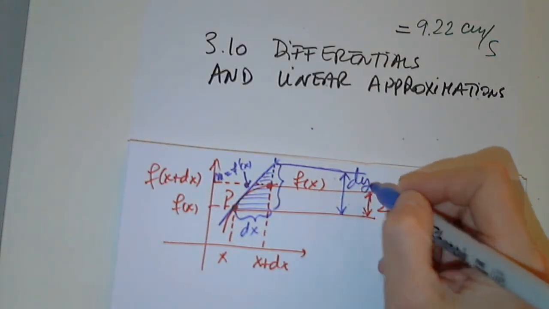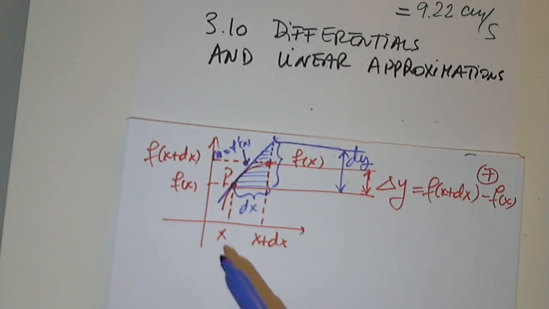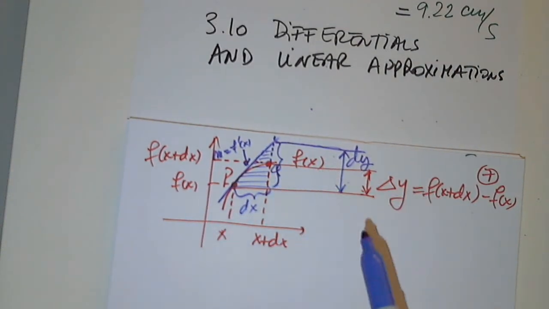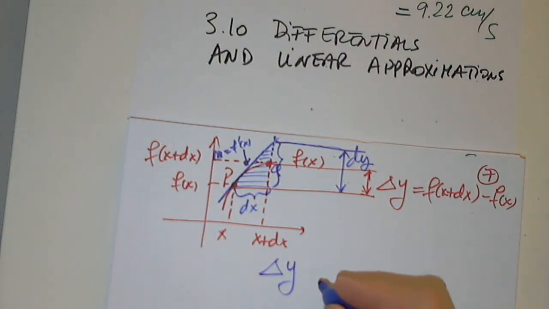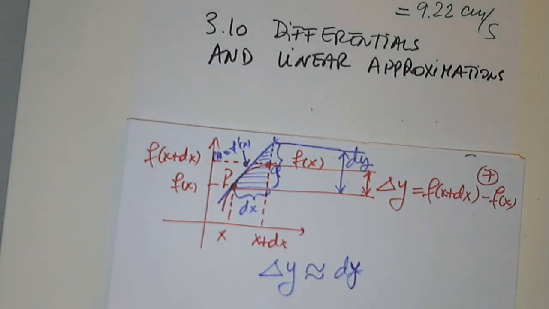Exactly. And since P and Q are so close to each other, delta y, the exact change, will be very, very close to the estimated value obtained using the derivative. The first quantity on the left, the exact change, is not determined with the derivative.